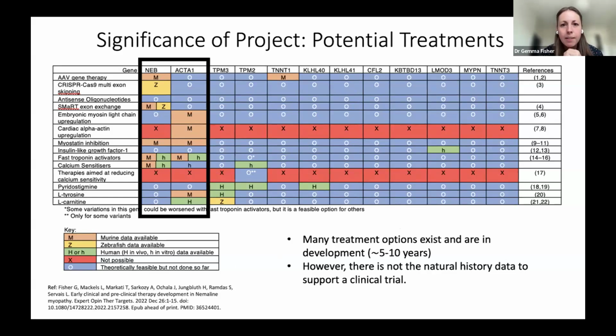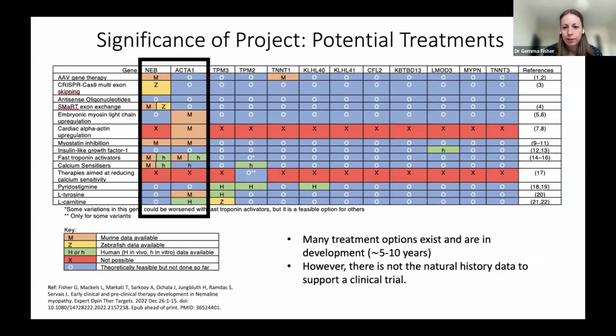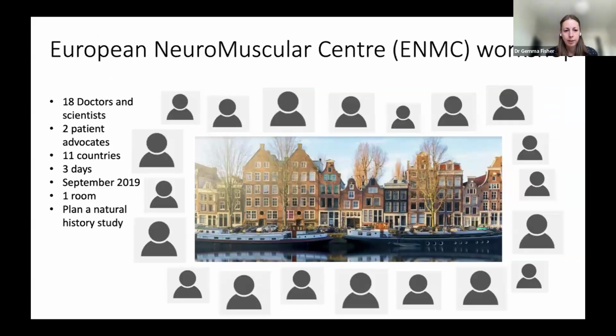So we think that some of these treatments will be available in the next 5 to 10 years, but in order to see if those treatments work, we need to have a really good idea about the natural history of Nemaline myopathy, and there's not quite the natural history there to support a clinical trial, which feeds on to the natural history study that we're going to do in the UK.